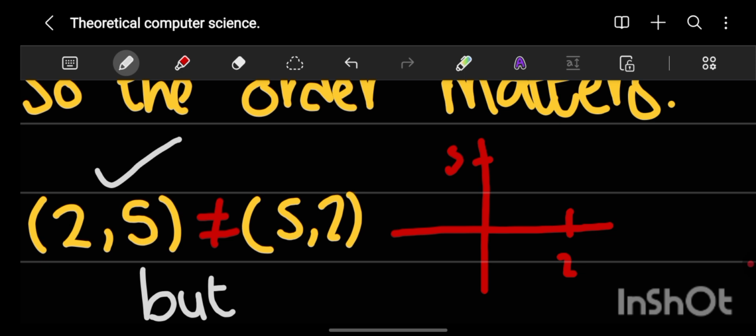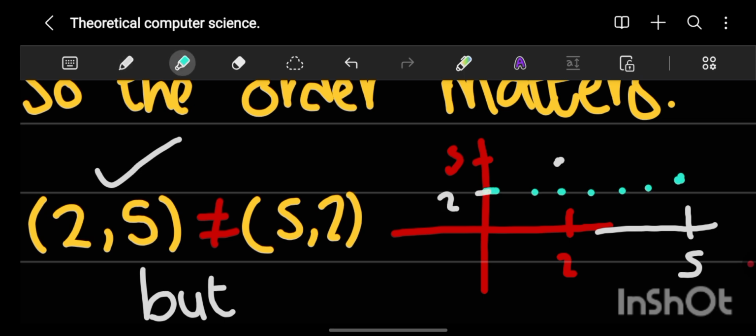So x is 2, 5 is y, and you would have a dot there. If x is 5 and y is 2, you would have another dot going on here. So these are two different things, and hence why we say order matters. Order matters for ordered pairs, right?